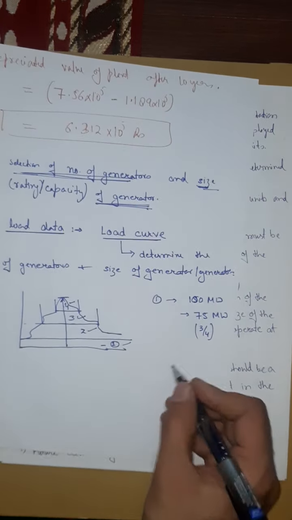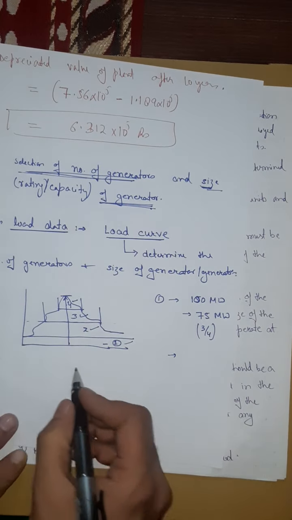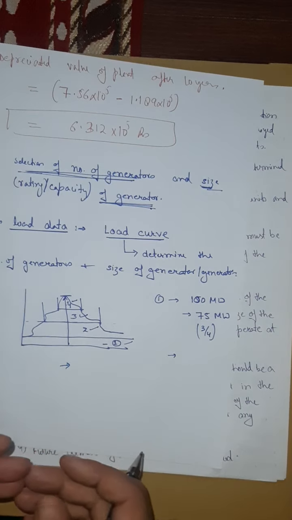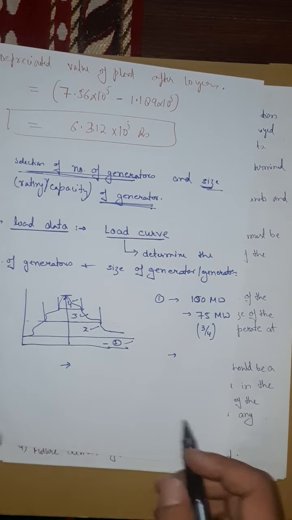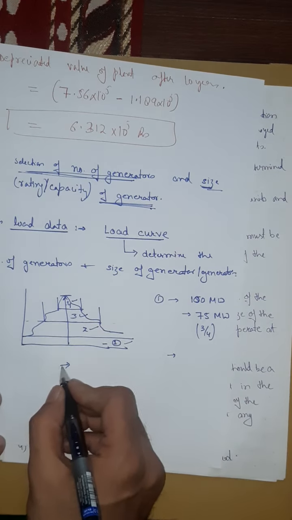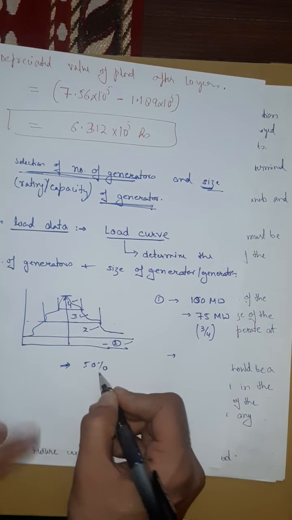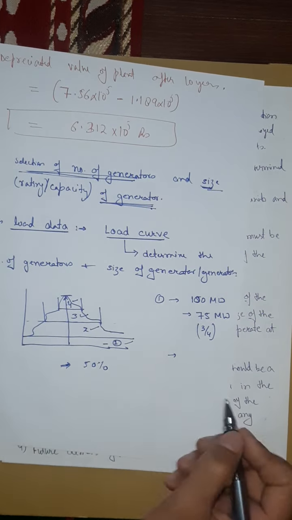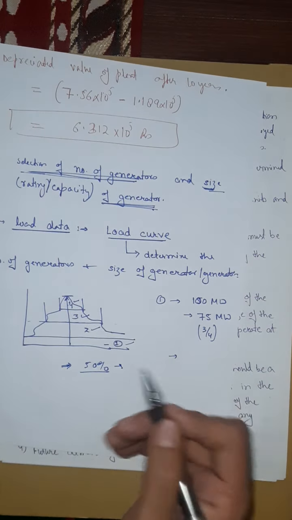Okay, so why are we talking about efficiency, not maximum power transfer? Because in electrical engineering we talk about efficiency, we don't talk about maximum power transfer. However, in electronics engineering, they talk about maximum power, because even if maximum power transfer occurs, we will be able to supply only 50% of the power under the maximum power transfer condition.